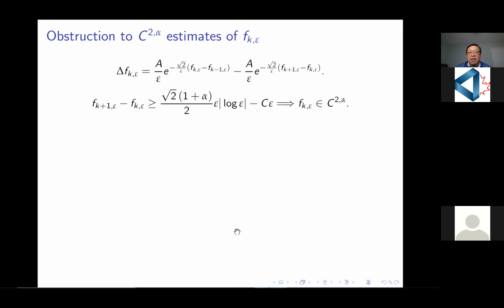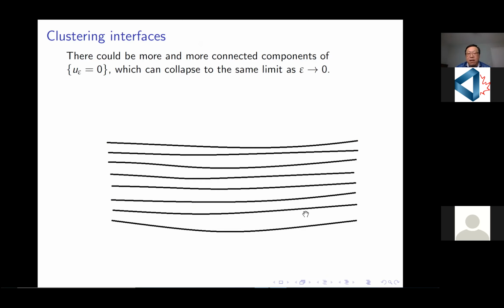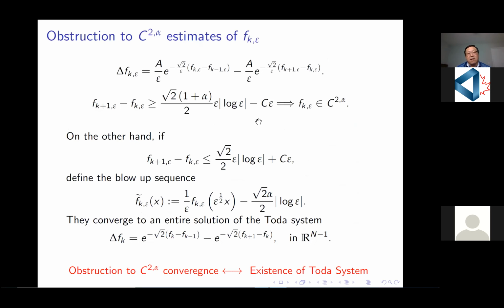That's why, if you have infinitely many of these interfaces, they collapse onto each other. Why do they collapse onto each other? Because there's a Toda system in between them. The Toda system is the main reason for this collapsing. So this is what we prove.